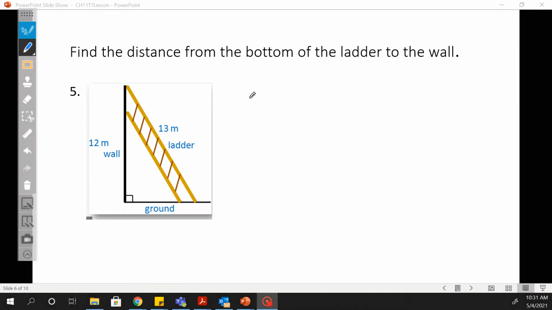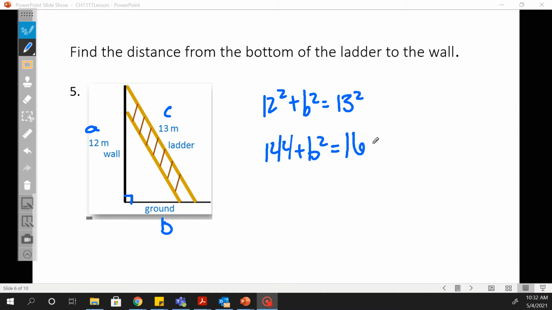Find the distance from the bottom of the ladder to the wall. Okay, so this is a right angle right here. We'll call this A. Call this B, which is what we're looking for, and we'll call this C. So A squared plus B squared is equal to C squared. So 144 plus B squared is equal to 169.